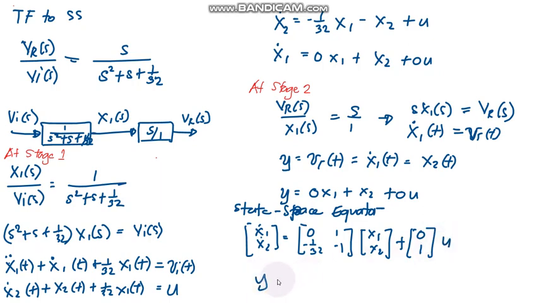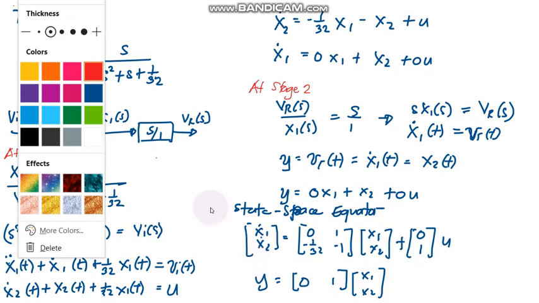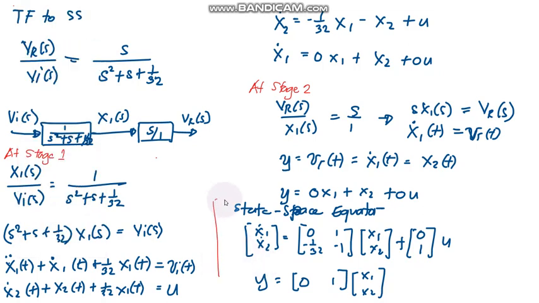And then the output equation to be 0, 1, times x1, x2, and 0 d. So we don't have another term for the output. So therefore, this is our state equation.